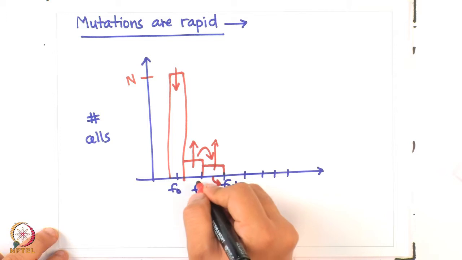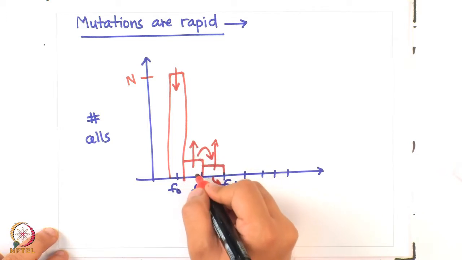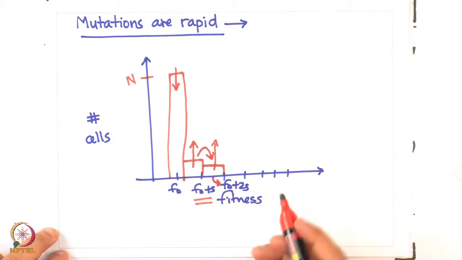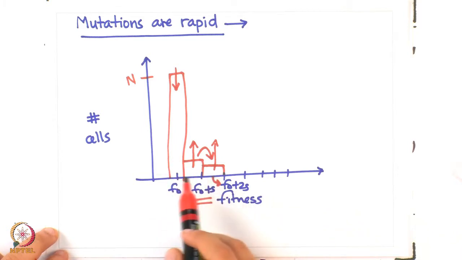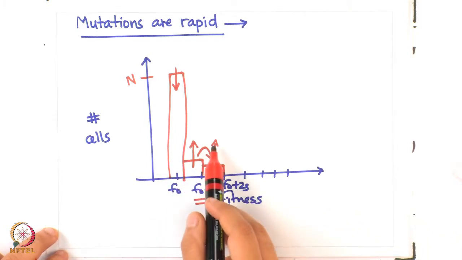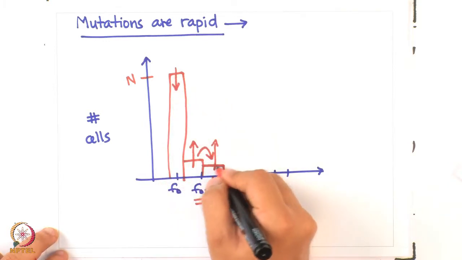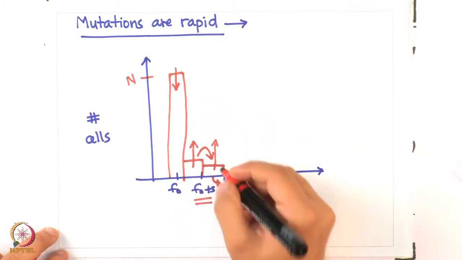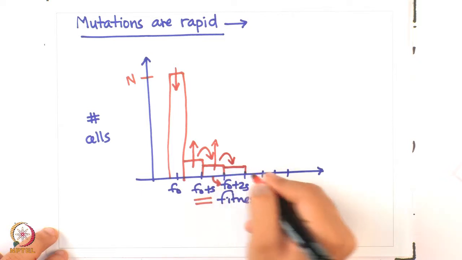The frequency associated with the middle genotype will keep on increasing as long as this fitness F0 plus S is more than the mean fitness of the individuals in the environment. So, if the frequencies were as represented, this will go up, this will go up, this will come down. But before this individual has gone to fixation or this has been completely removed from the system, another mutation happens and we have 4 genotypes.